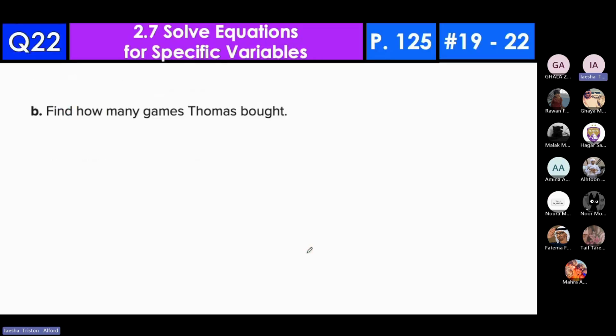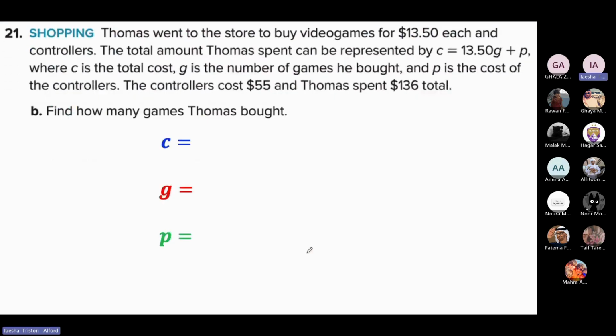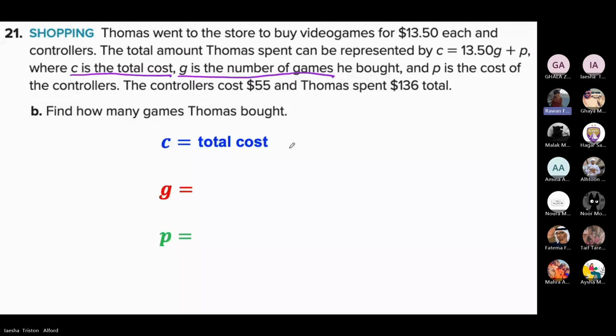Part 2, we have to write what is the meaning of the variables. So what is C? Total cost. G? The number of games. And P?